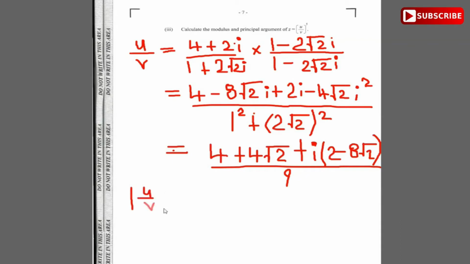To find the modulus of u over v, it's going to be equal to the square root of a squared plus b squared.